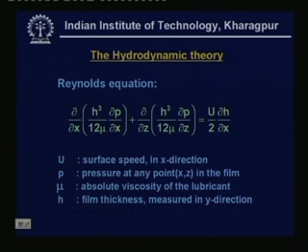And just a recapitulation: the historical background is that from the experimental investigations of Petrov and Tower, and looking at their interesting results, Reynolds suggested a general equation for the hydrodynamic theory, and this equation is given here.